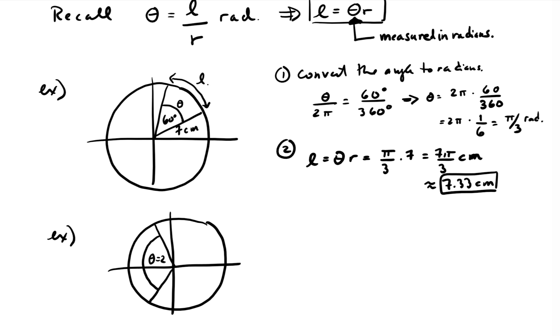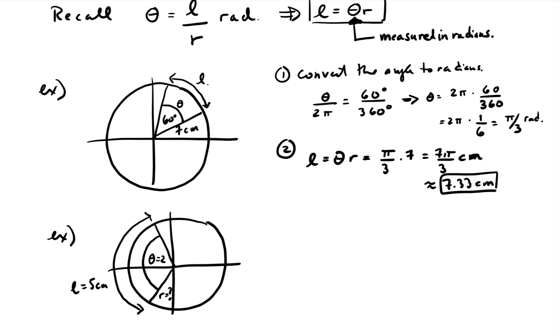So this is our angle, and we are given the length of the arc. L here is 5 centimeters, and you're asked to find the value of the radius.